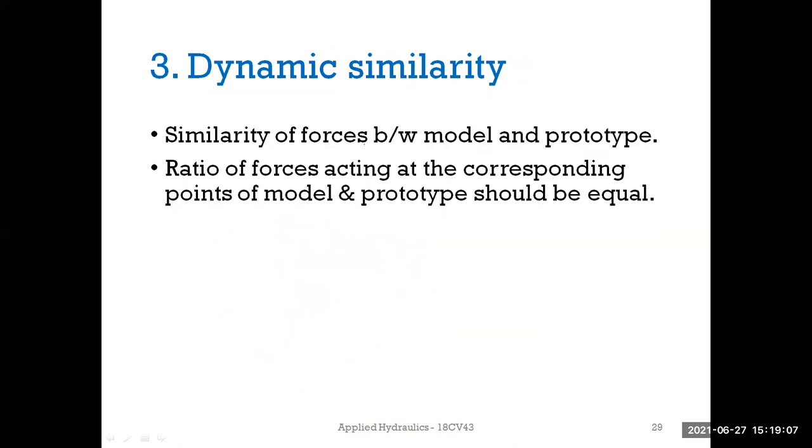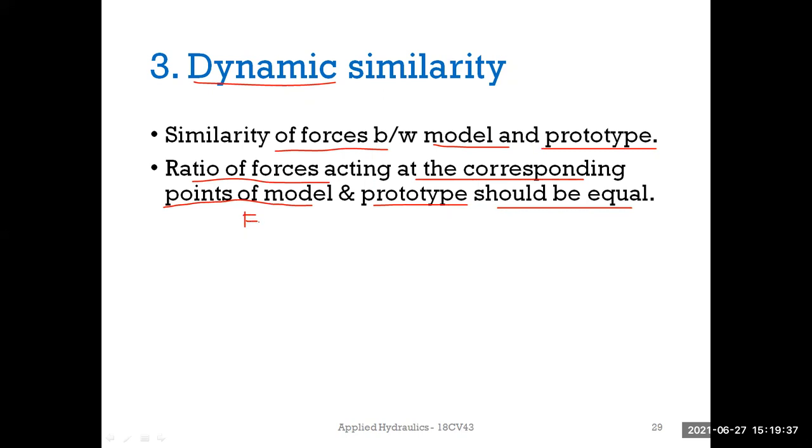The last type of similarity is dynamic similarity. Dynamic represents the word force. So we can say similarity of force between model and prototype is dynamic similarity. The ratio of forces acting at corresponding points of both model and prototype should be equal. We have different types of forces which act on an actual structure, like inertia force, viscous force, gravity force.